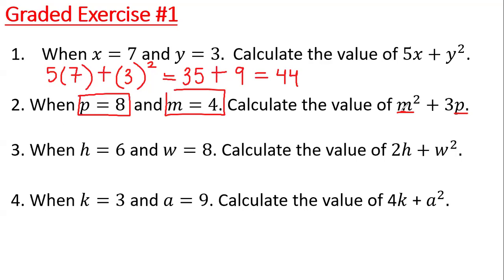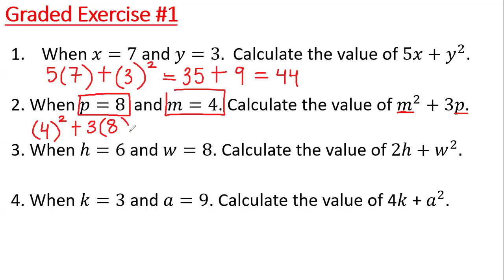So M squared, instead of M, we put 4. 4 squared, very good. Plus 3 times P, which is 3 times 8.